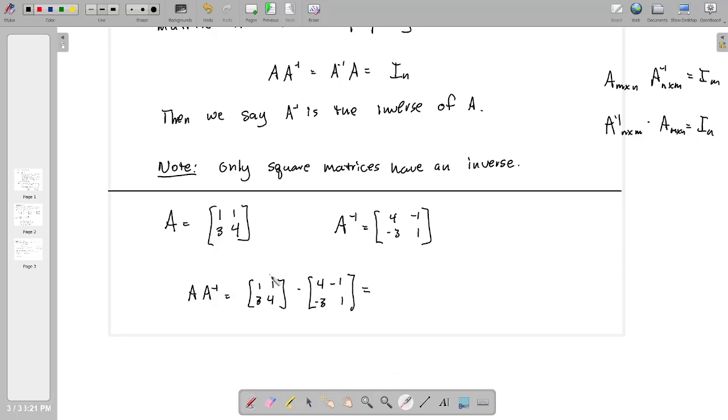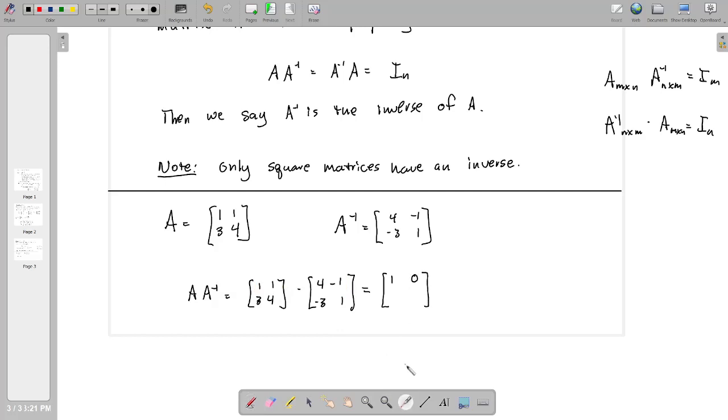If we do this product, we have 1 times 4 plus 1 times negative 3. So 1 times 4 is 4, 1 times negative 3 is negative 3, 4 plus negative 3 is 1. We get a 1 here. First row, second column, 1 times negative 1 is negative 1, 1 times 1 is 1, and when we add them, we get 0.